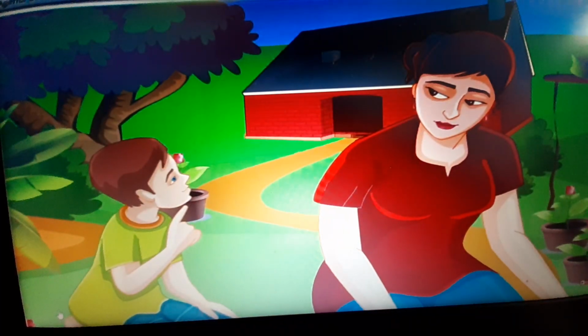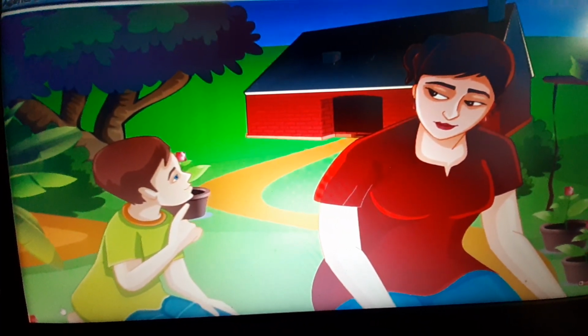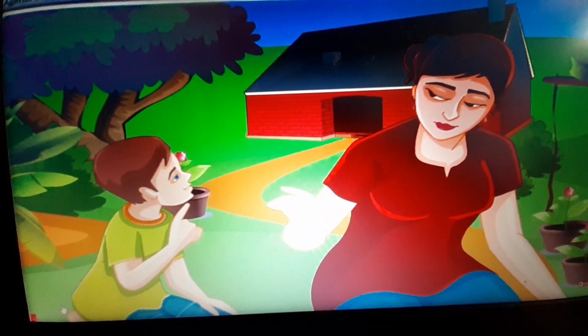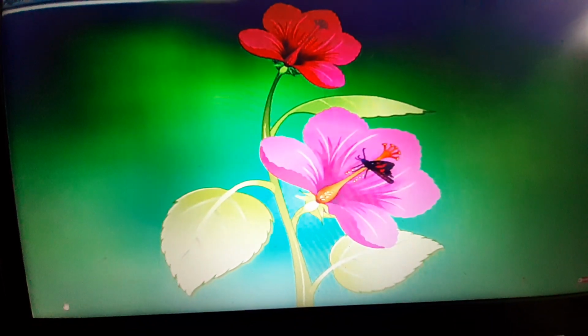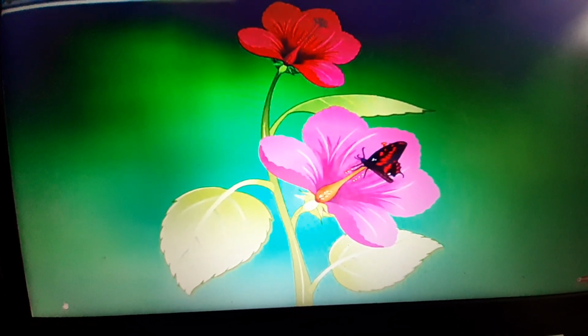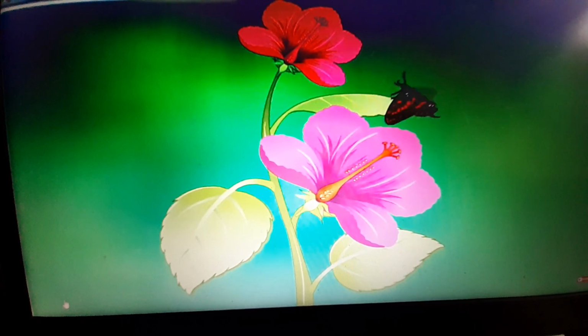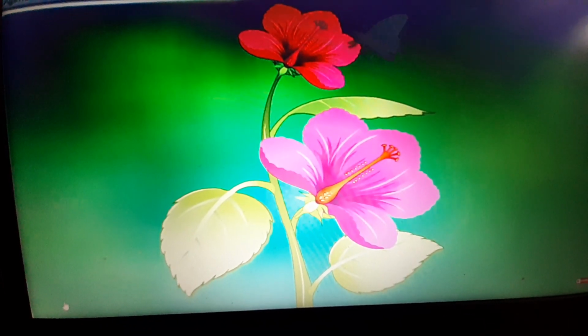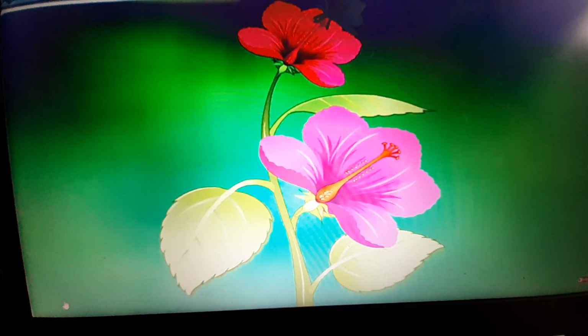Human beings like me? Yes, you could be an agent too. See that butterfly sitting on the flower? Butterflies often take these pollen grains to the female reproductive part or the carpel of another flower.